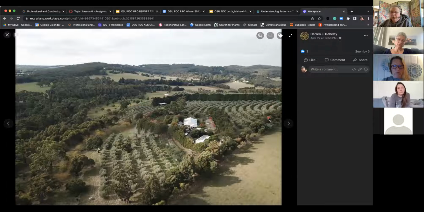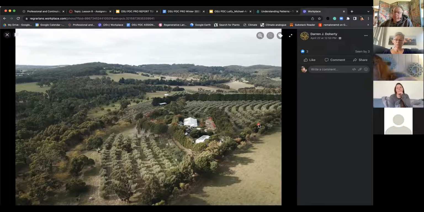So this is a property in Australia that was designed by Darren Doherty, and the property owner installed and maintained most of it. But the patterns that these trees are laid out in are basically the keyline cultivation pattern, and that is determined through observation of a contour map. So it's not something you could actually observe on the ground very easily unless your eye was extremely acute.